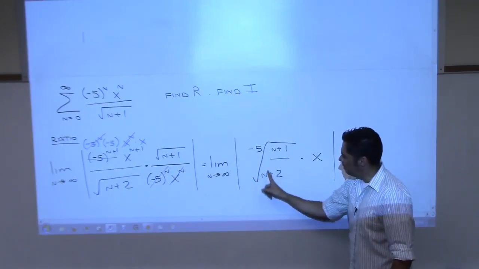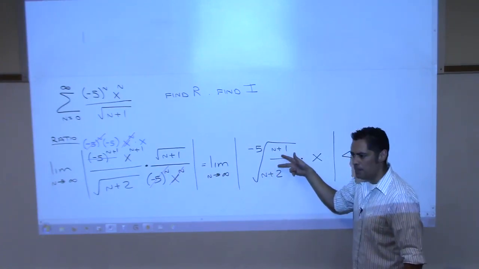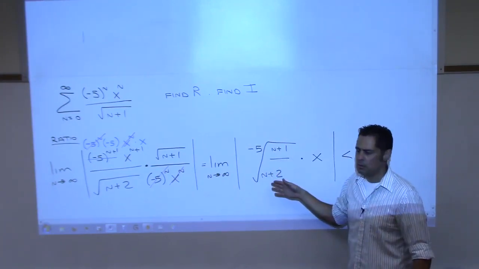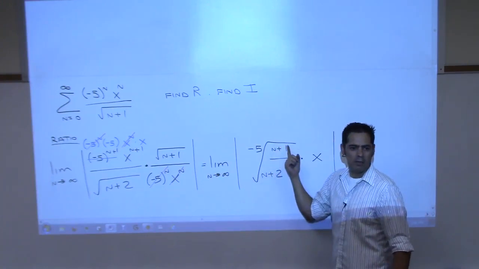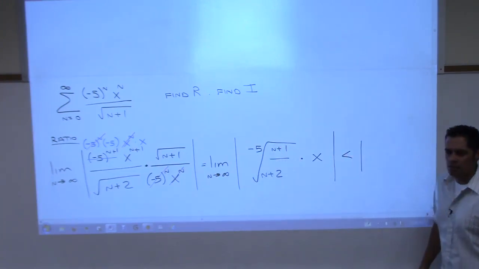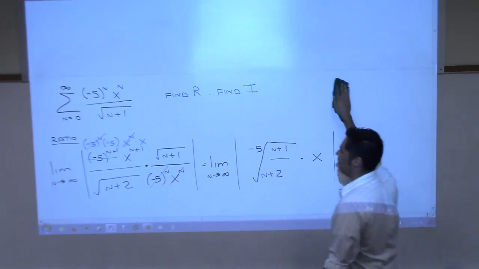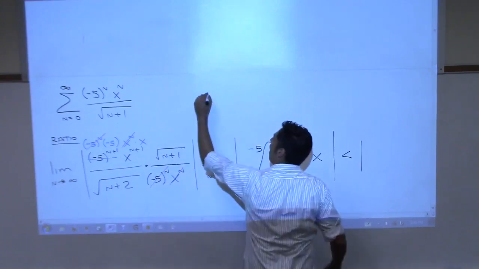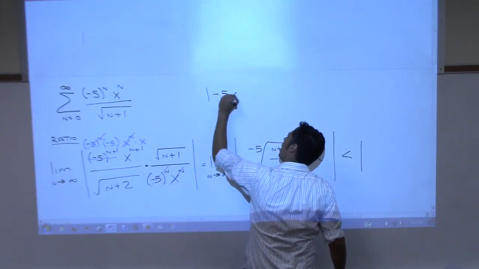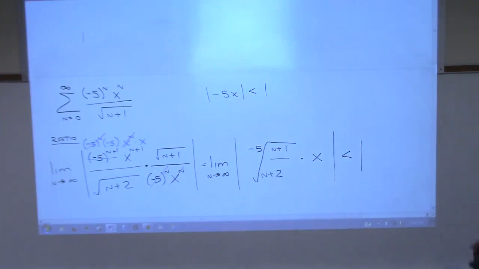And what's this limit in here? It's going to go to 1, right? Infinity over infinity, but L'Hopital one time, we're there. So that's root 1, just 1 there, but we still have the negative 5. So after you apply the limit, do you agree that we have this? Absolute value, negative 5x must be less than 1. Limit's gone, right?